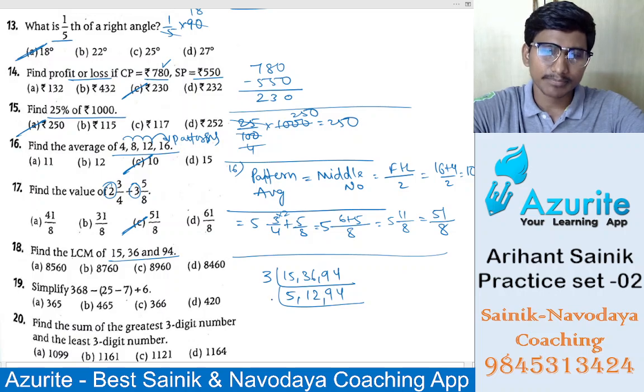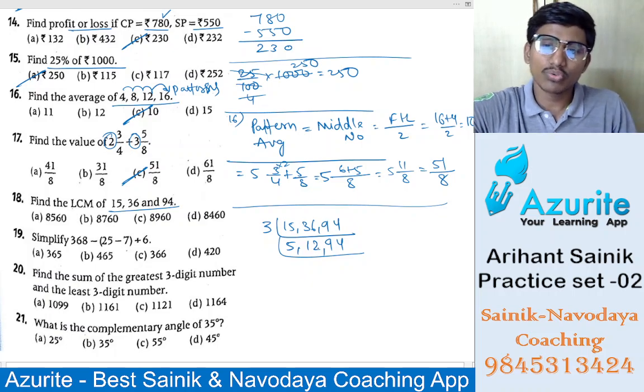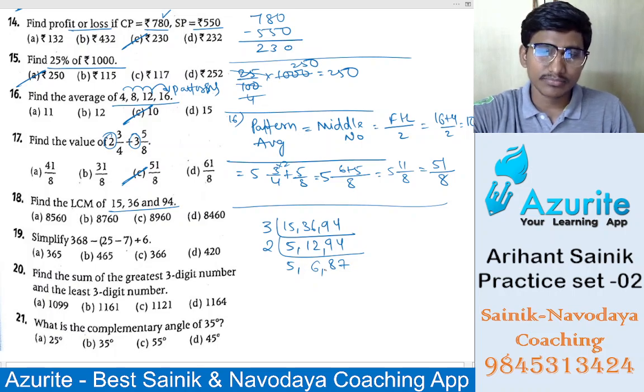Now after that, here 12 and 94 will come in the 2 table. So 5 as it is. 2 6s are 12. 2 4s are 8, 2 47s are 94. So 5 and 6 will not come.